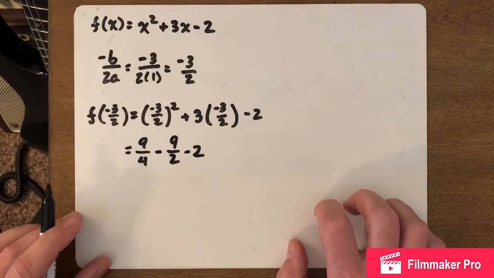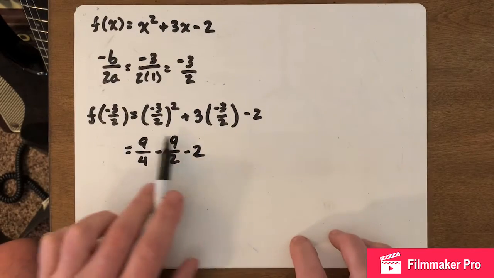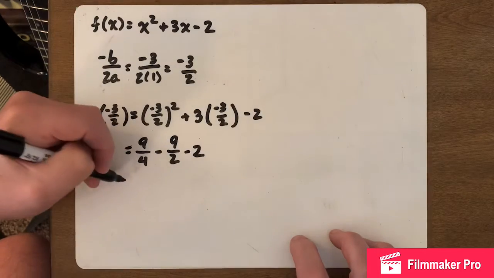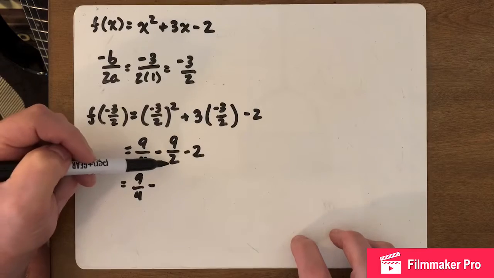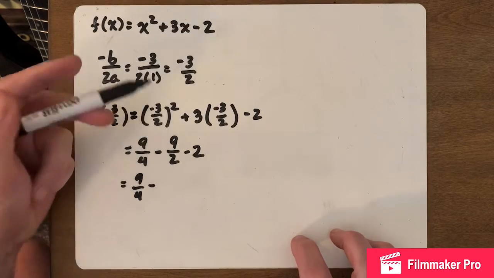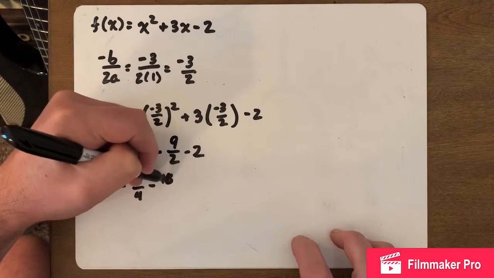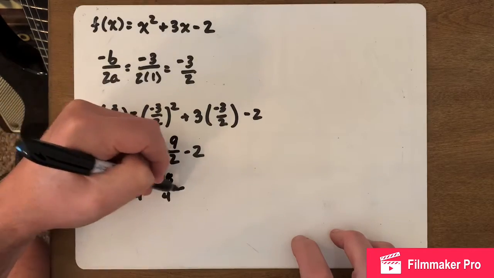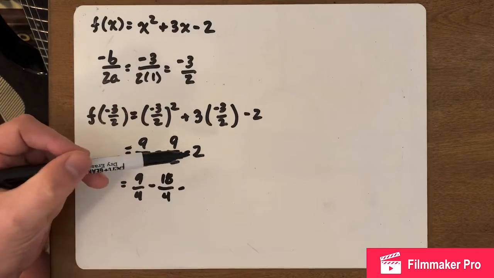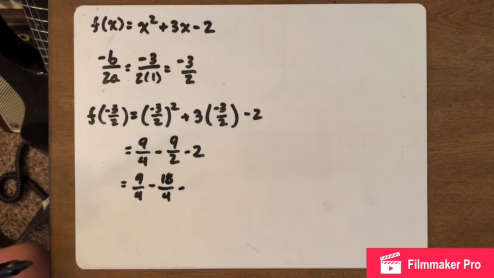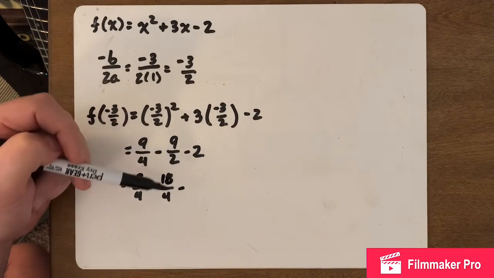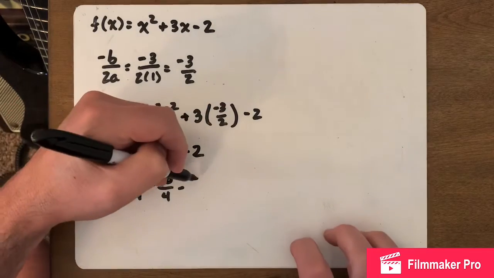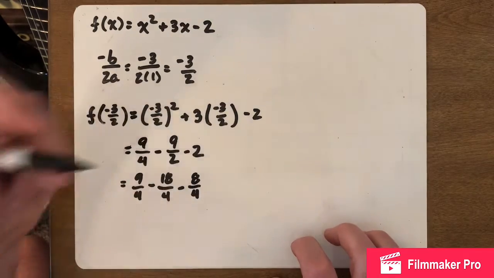Now, what I usually do here is turn all of these into fractions with a common denominator. 9 over 4 minus 18 over 4, since 9 times 2 is 18 and 2 times 2 is 4. Now, what would 2 be with a 4 in the denominator? You just multiply them together: 4 times 2 is 8, so 8 over 4.